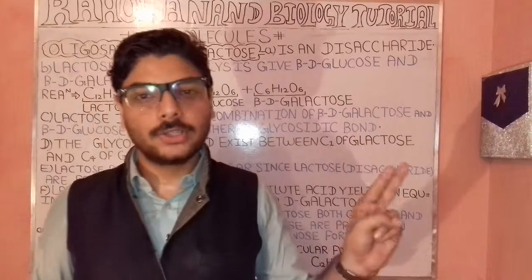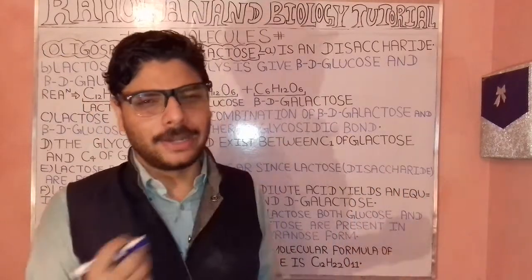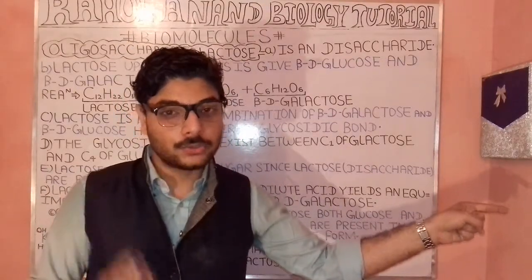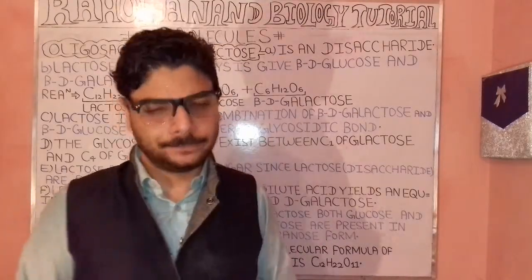Talking about the products that will be formed, these will be C6H12O6 and again C6H12O6, where the first one is beta-D-galactose and the other is beta-D-glucose.